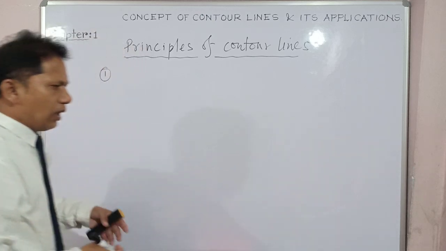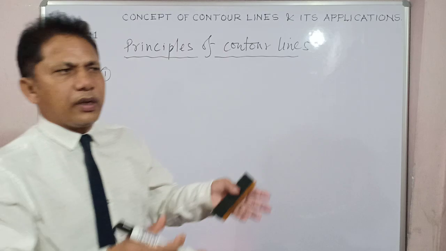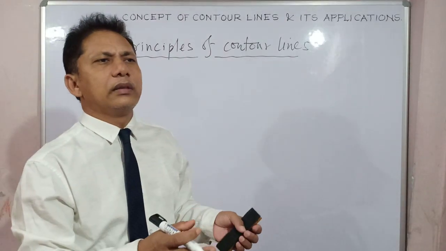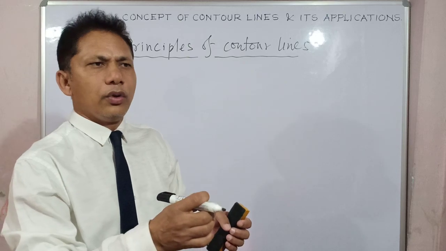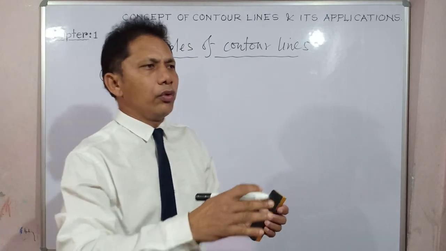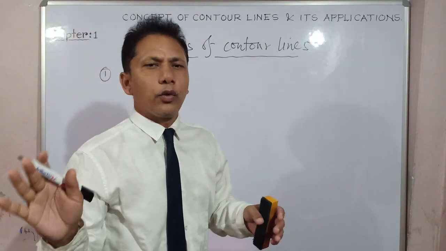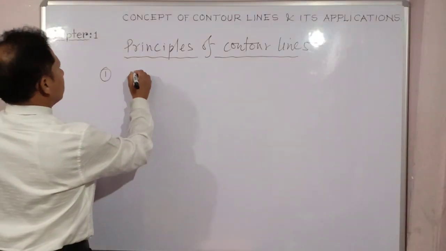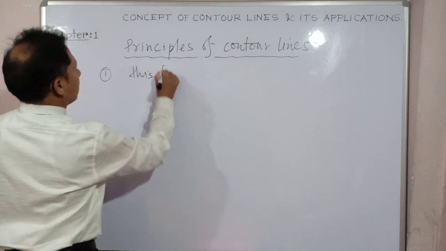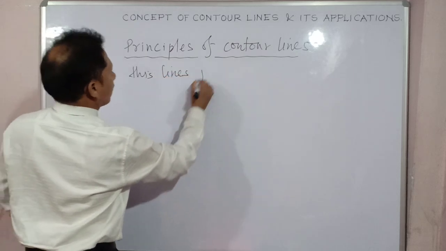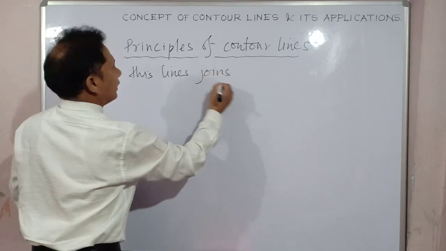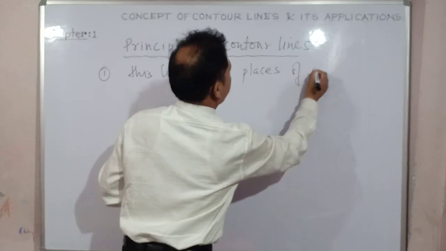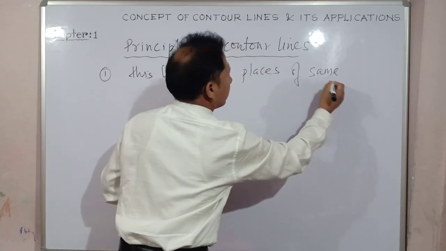What are those? Now see, if you think about the definition, contour lines are the lines shown on the topographical map which join the places of having equal height. So as I have said, these lines join places of the same height, isn't it?